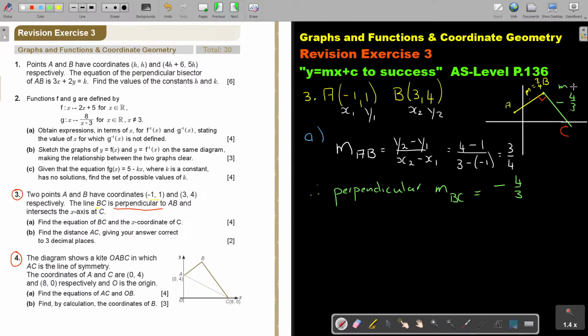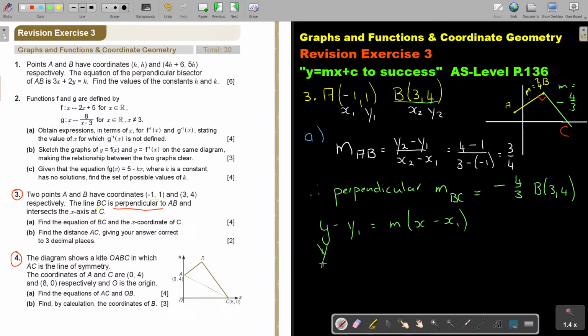So now I have the point B, and they say, find the equation of BC. If I must find the equation of BC, and I have the point B, that's (3, 4), I'm just going to use y minus y1 equals m times x minus x1.